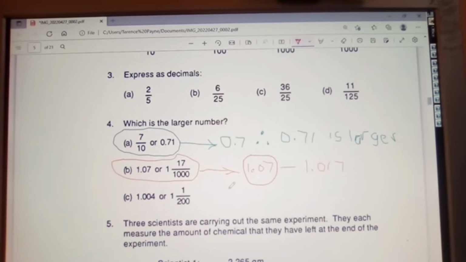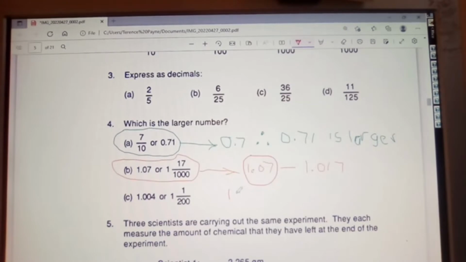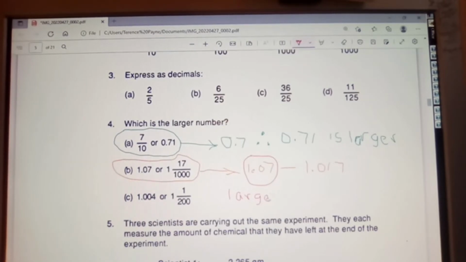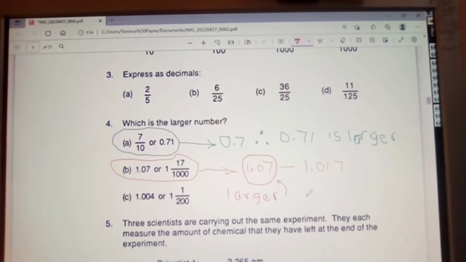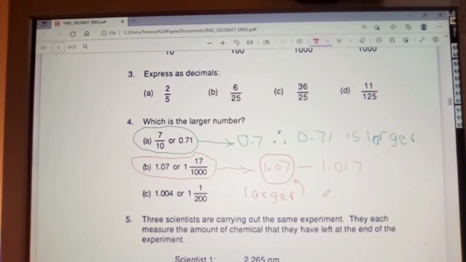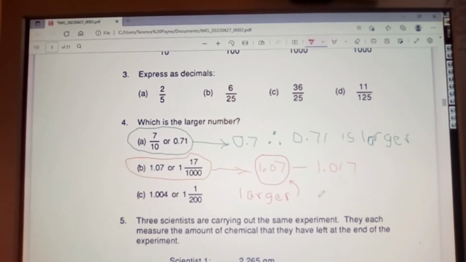So let me put larger. Right, now I do not edit my mistakes because what I would like to do is to make sure that you can learn from them yourselves.